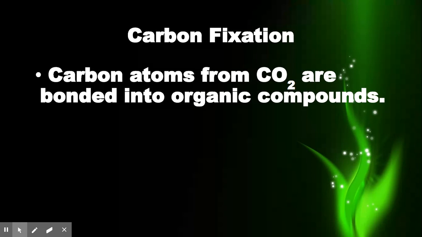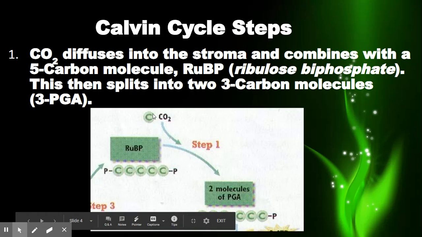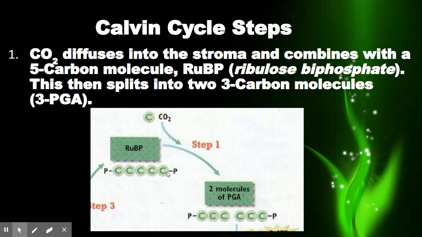So the first thing that has to be done is what is called carbon fixation. The CO2 molecule is made up of carbon and two oxygens, and the carbon has to be removed so that it can be used to make other organic compounds. In the first step, we're going to start with that carbon from carbon dioxide, and it's going to meet up with a 5-carbon molecule.